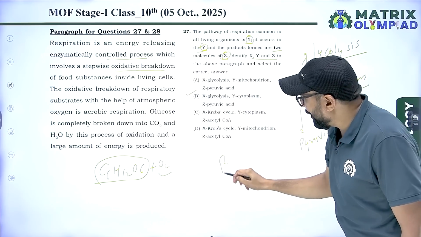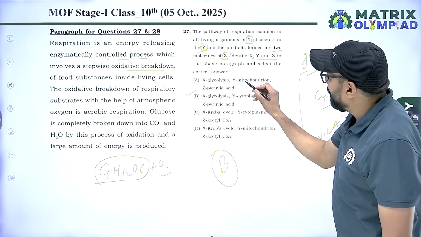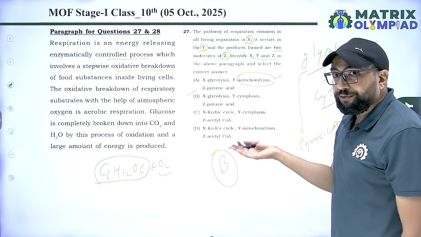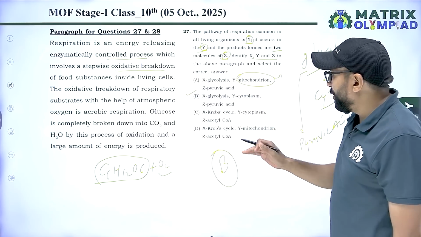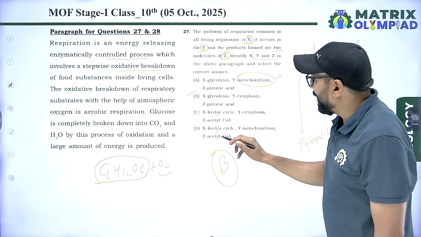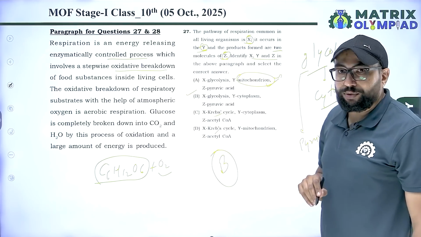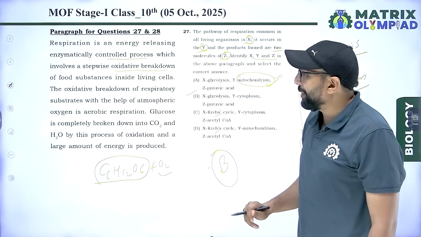Option B is correct, because mitochondria is the site after pyruvic acid, meaning the Krebs cycle proceeds in mitochondria. So option B is correct.